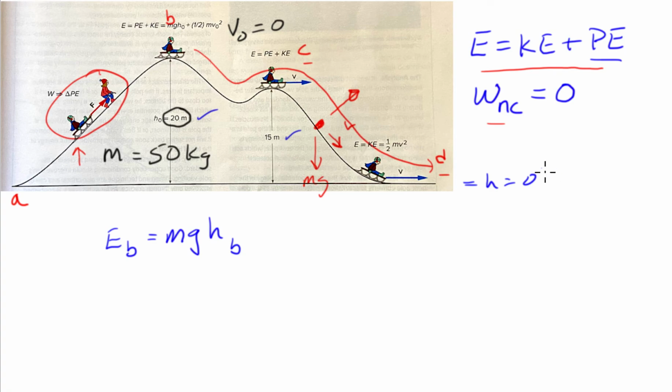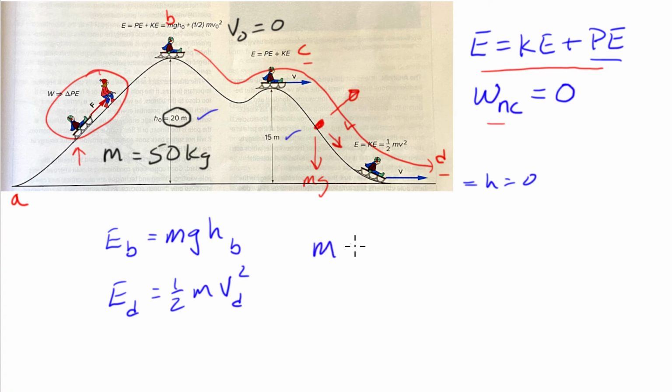So he doesn't have any potential energy anymore. So all the energy must be in the form of kinetic energy. So at D, all of the energy is kinetic. And since there's no non-conservative work, no friction, no air resistance, because we don't have a good way to take that into account anyways, then these have to be equal to one another.